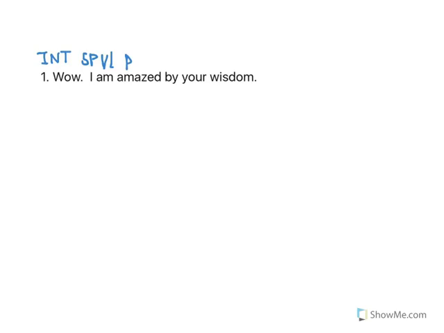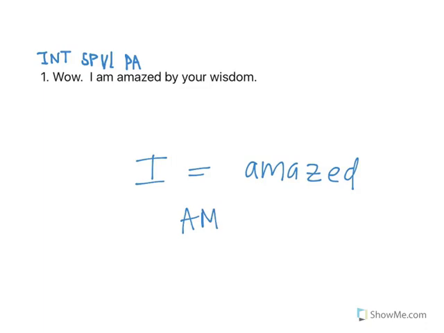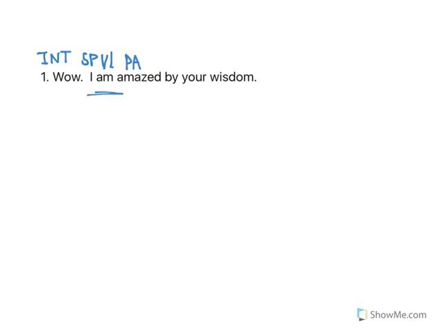And so amazed is going to be a predicate adjective. This is because am is the connecting word between I and amazed. Amazed is describing I, and am is basically going to be this equal sign that displays a linking verb. So if you see the word am, it's almost always going to be a hint. This is a linking verb.